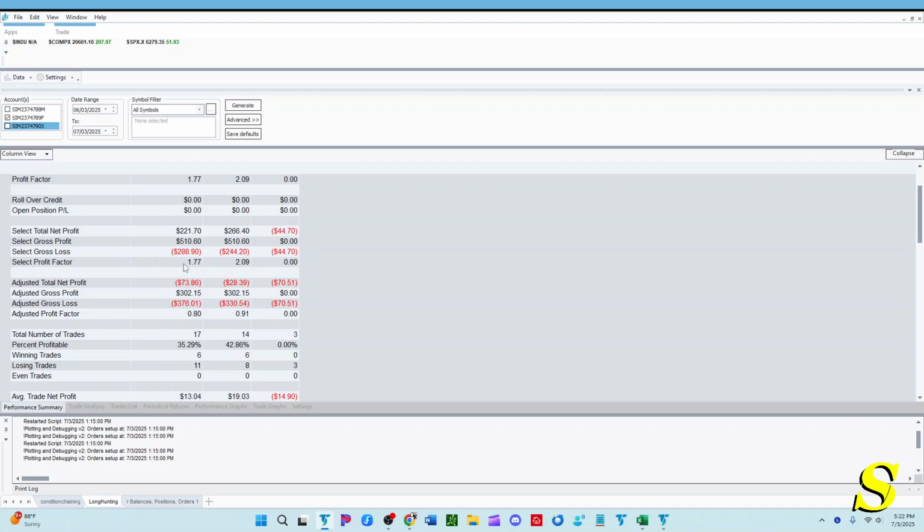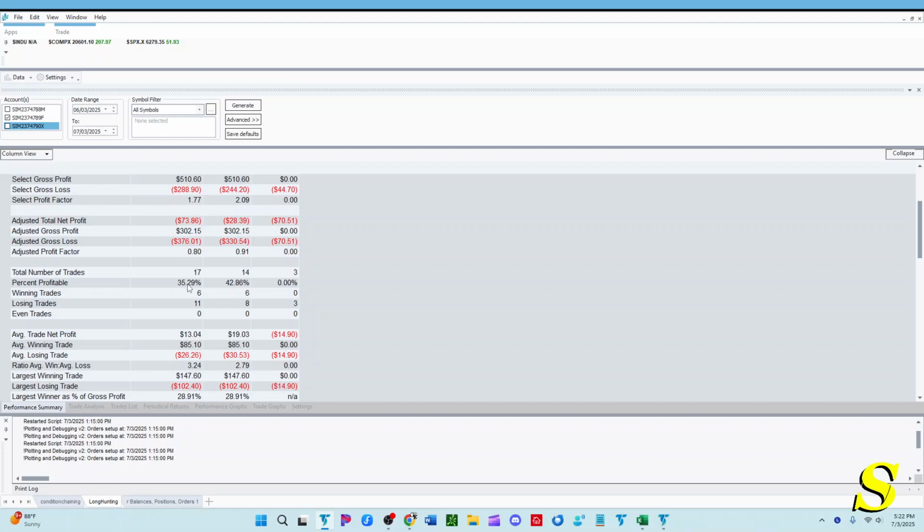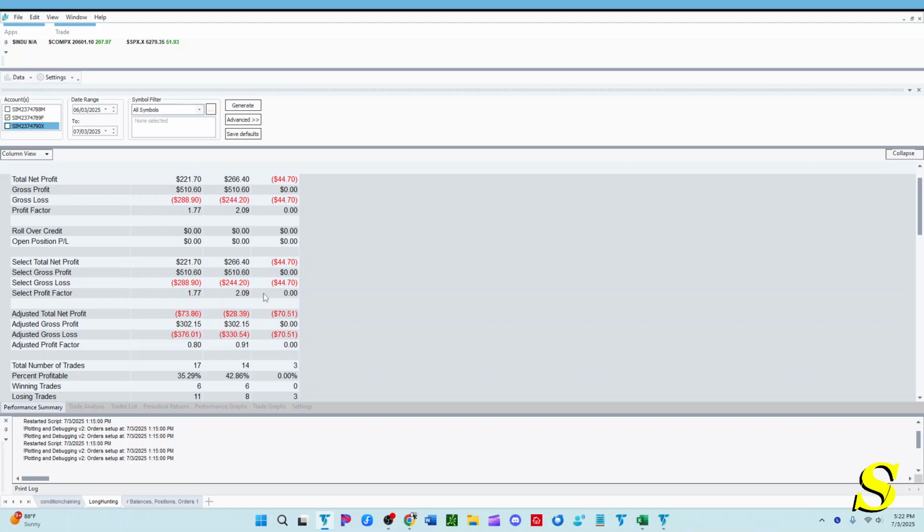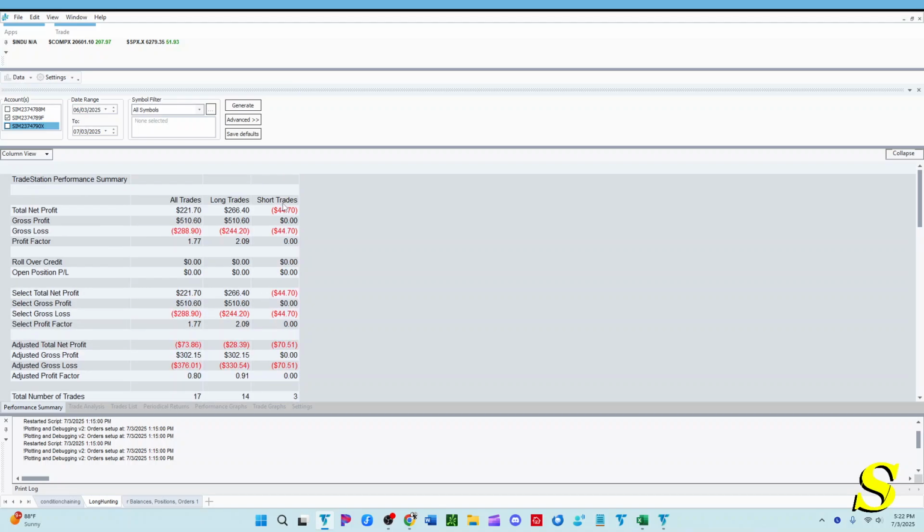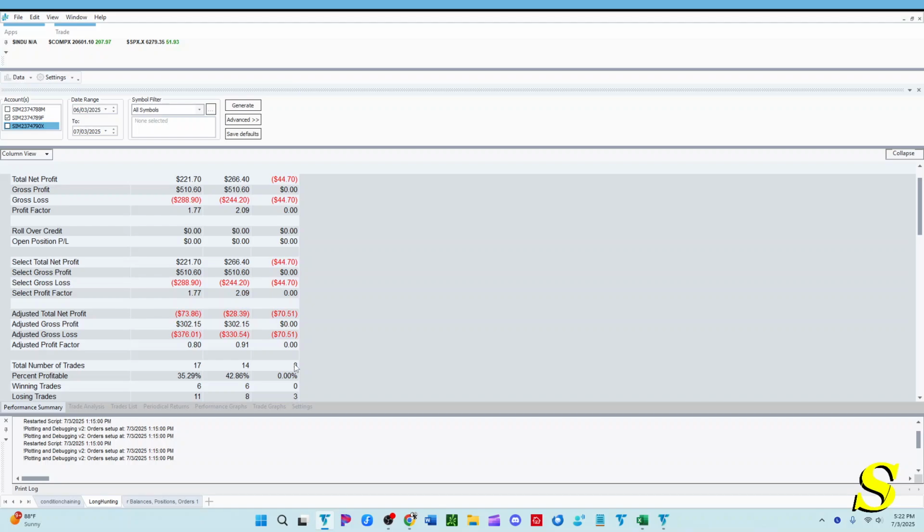Anyway, the profit factor was about 1.77. The percent profit was 35%, but again, that is, I believe, going to be based on the fact that 3 of these shorts actually went into position, and that on at least 3 other trades that should have been winning trades, it just did not even take the position.